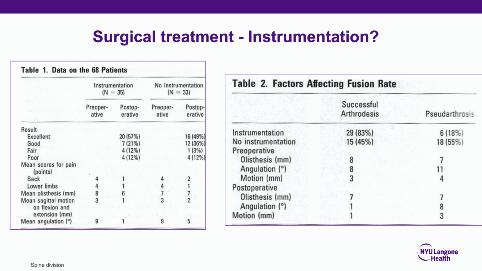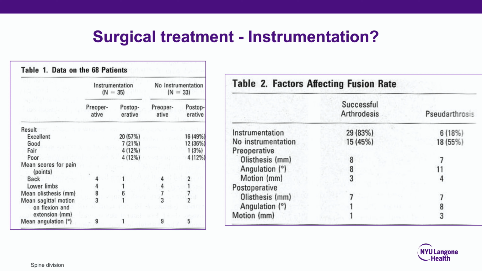This discussion about whether or not to instrument is not only a financial discussion. It's a discussion about the rate of pseudoarthrosis and whether or not instrumentation will enable me to get better outcomes, but also less pseudoarthrosis.